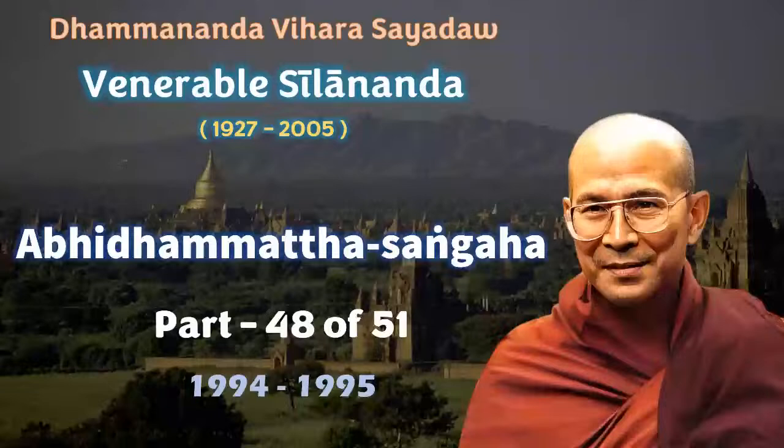Number two, the example for number two, concept of unreal: earth, mountain, and so on. So earth is a nama panyati, right? And what is represented by the word earth is an atta panyati, and that atta panyati is, according to reality, non-existent.